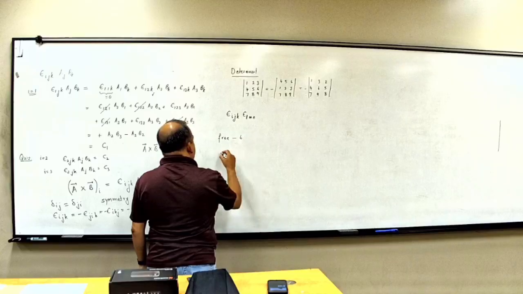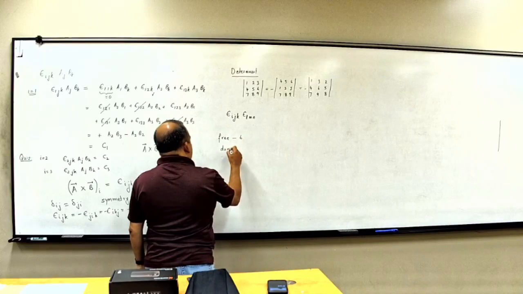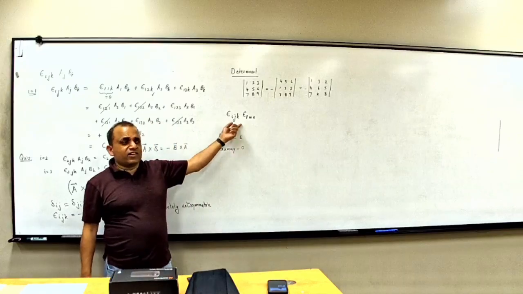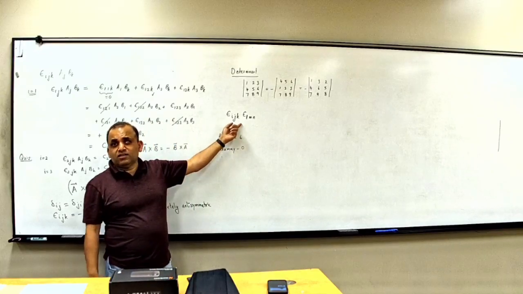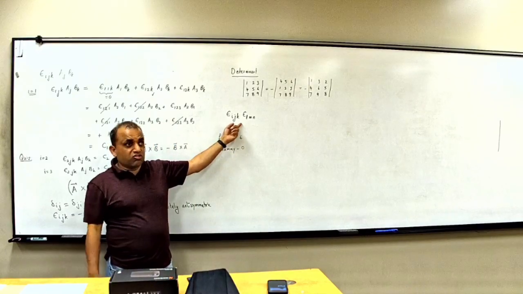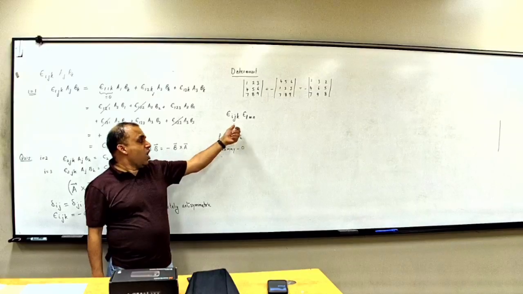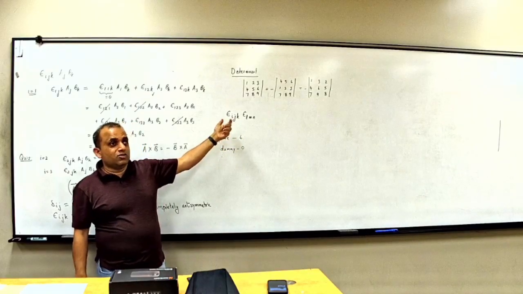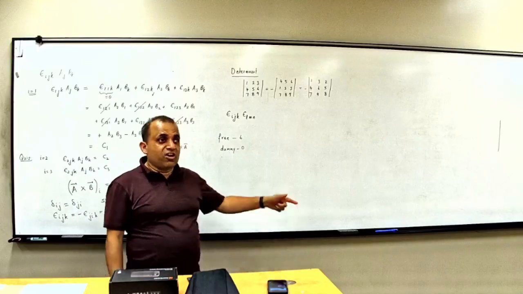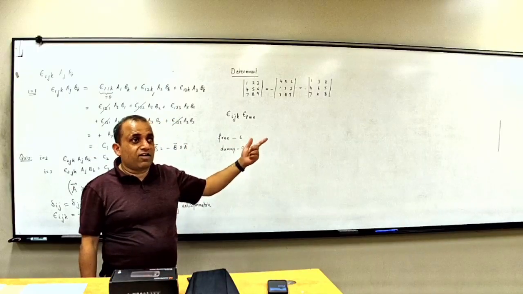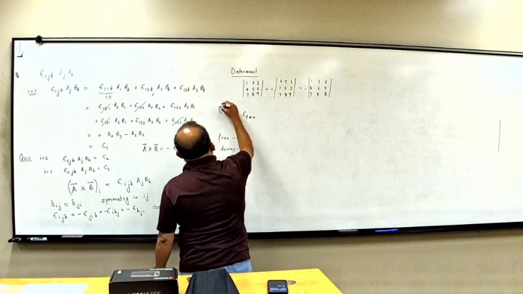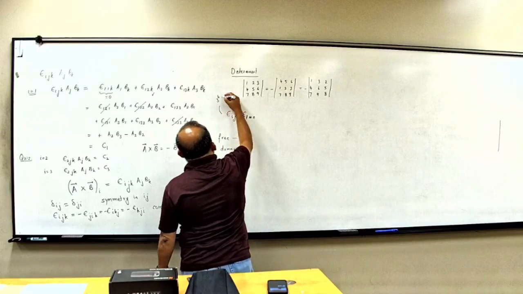So it is 6 free indices. Dummy indices? 0. So if this is a tensor, what rank does it have? It's a 6th rank tensor. How many components will it have? So 3 raised to 6. Right? So it will have 3 raised to 6 components. That's a lot of components.